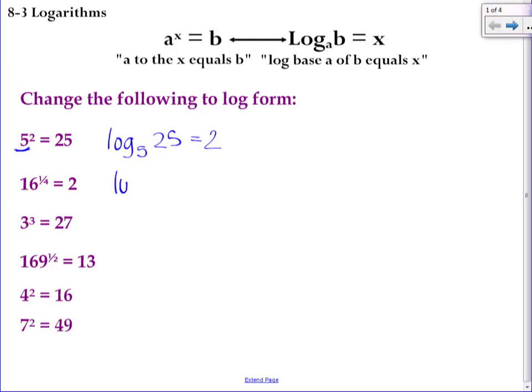So we've got log, what's the little number down here? 16. 2 equals 1/4. Again, we're trying to get the exponent alone on the right-hand side. So this one is going to be log base 3 of 27, with the exponent of 3 on the other side.